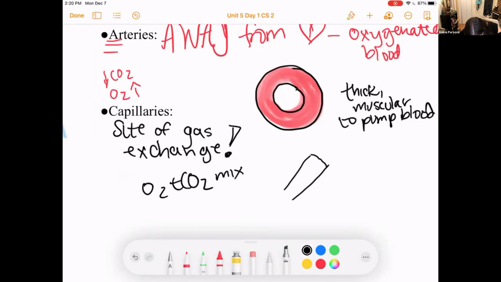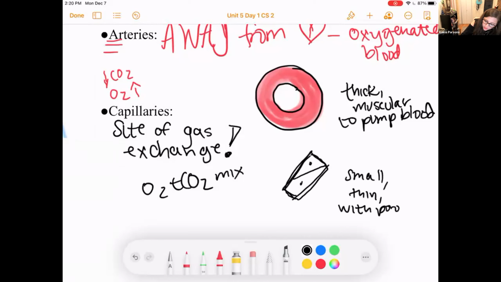And they're sort of depicted a little bit like this. So they're small, thin, with porous holes for diffusion.